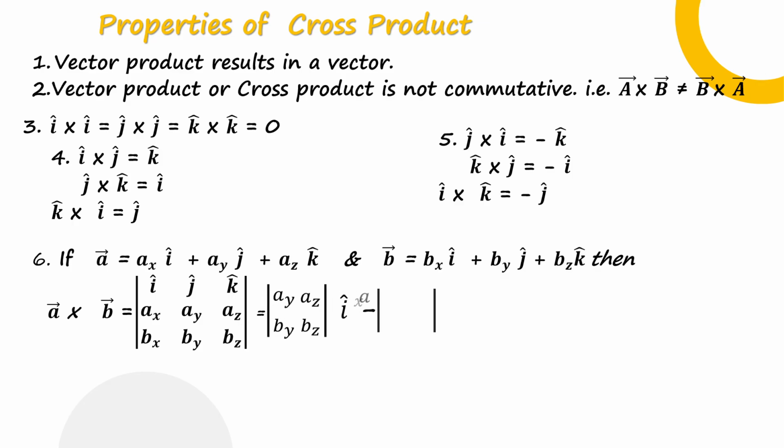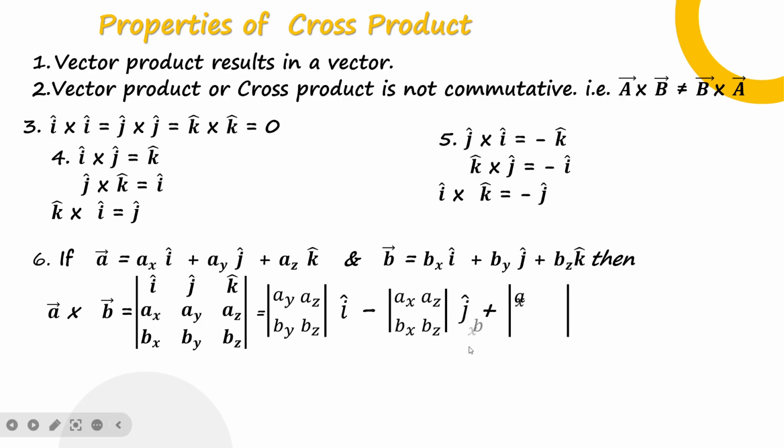Now we know how to resolve a determinant. First, the determinant of Ay, Az, By, Bz times i cap, minus the determinant of Ax, Az, Bx, Bz times j cap, plus the determinant of Ax, Ay, Bx, By times k cap.